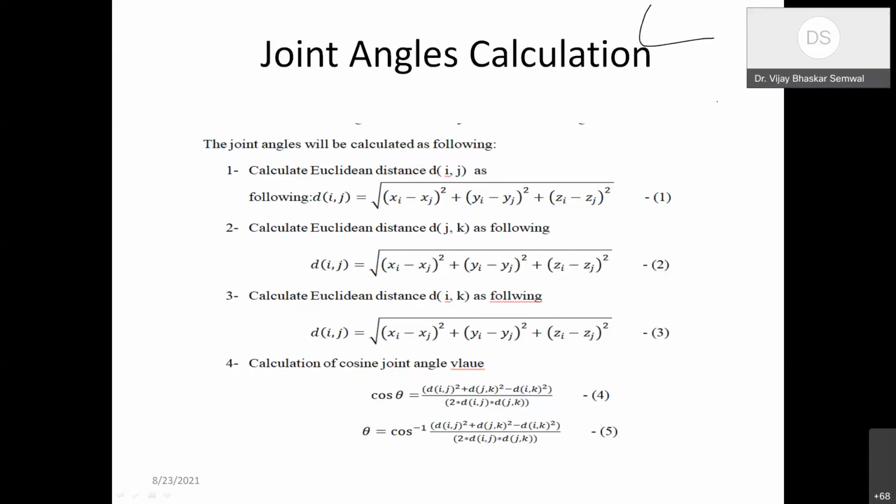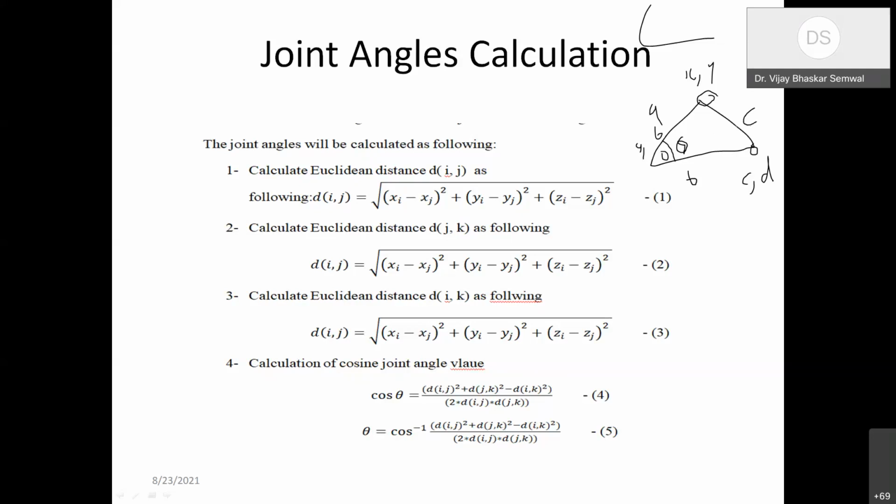Suppose this joint is here, this joint is here, this joint, 2-dimensional data is there, X, Y, A, B, and this is C, D. You can form a triangle, an acute angle is there, and you can apply cos theta. Suppose this is theta.